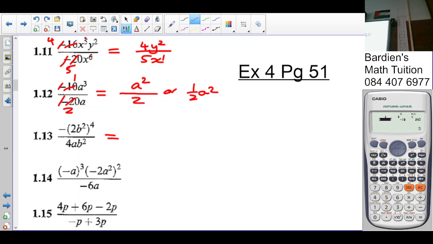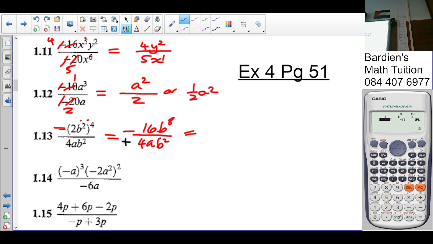Does this 4 apply? Is that 4 on that negative there? No. So that negative is that negative. 2 to the exponent 4? No. 2 to the exponent 4 is 2 times 2 times 2 times 2, which is 16. B, 2 times 4 is 8, over 4ab squared.